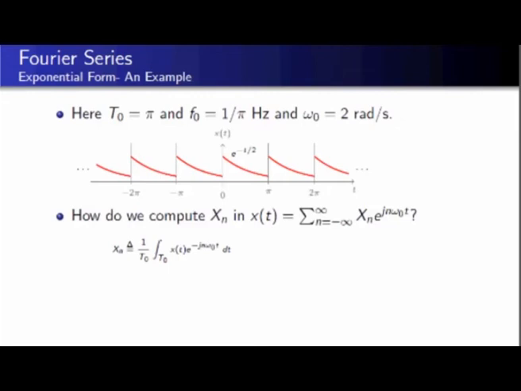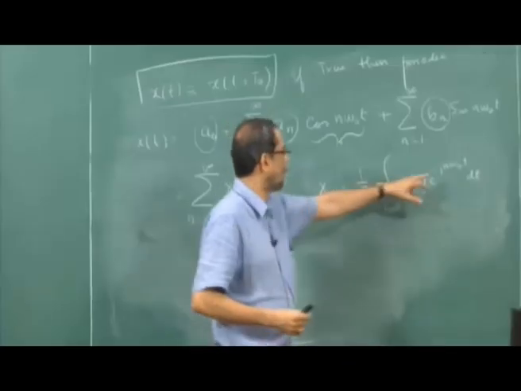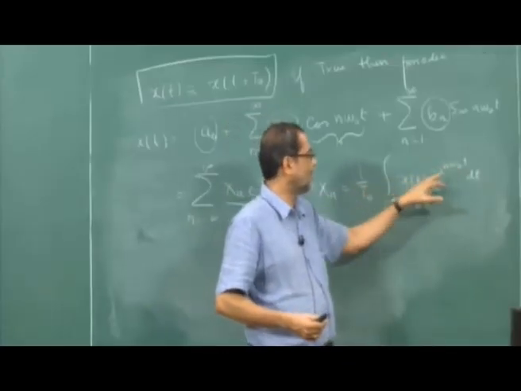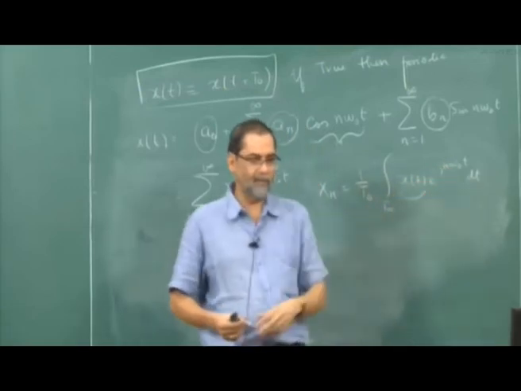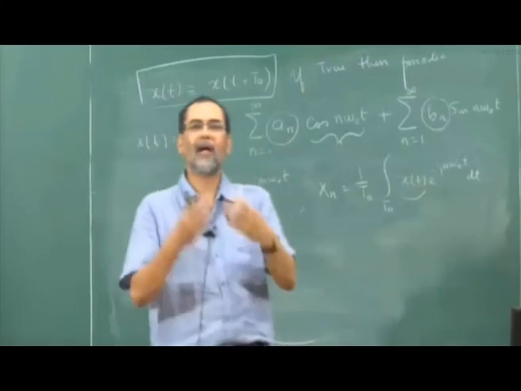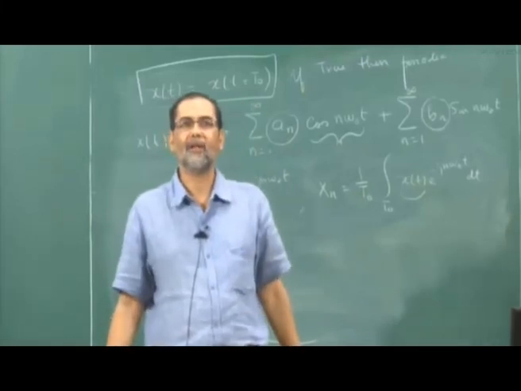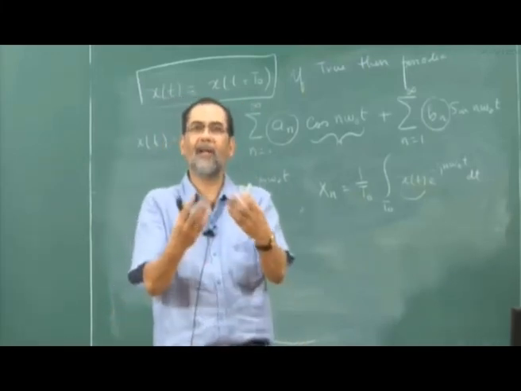So I put out the definition of xn there, and then I substitute for x of t as e raised to minus t by 2 and carry out the integration. I know that omega naught is 2 here, so it is e raised to minus j 2nt that appears in the integration. I leave that part to you.